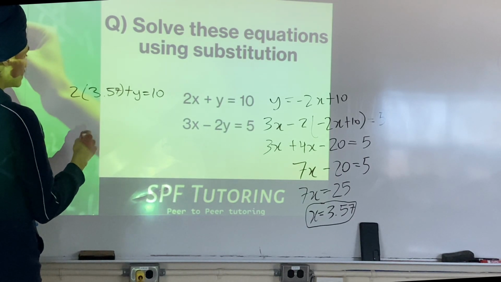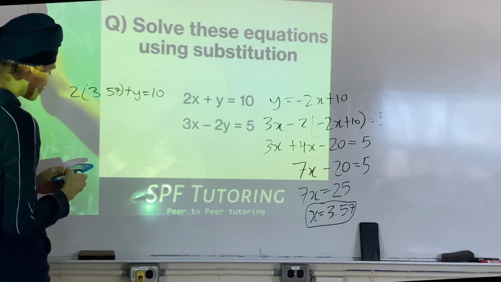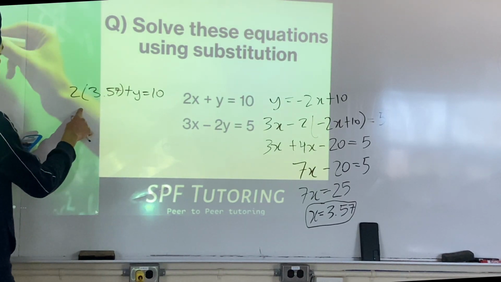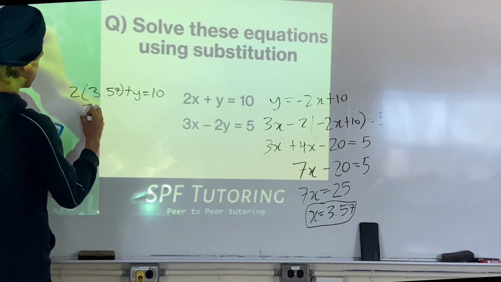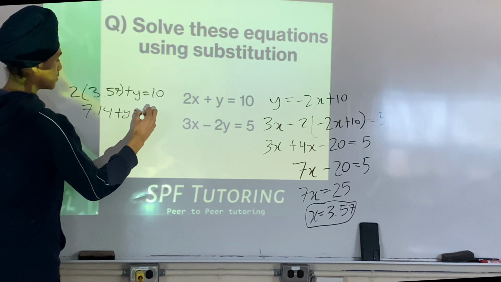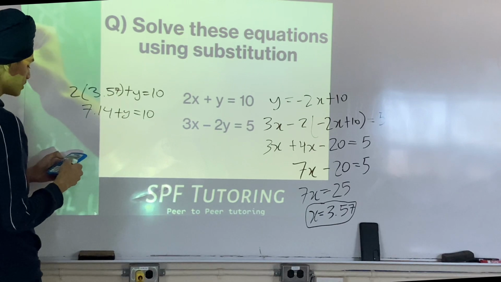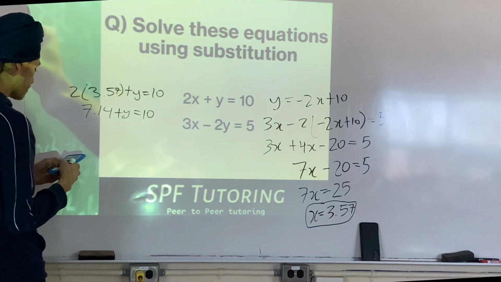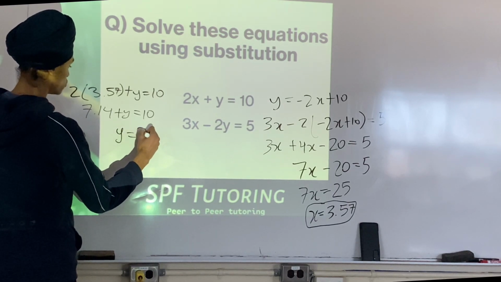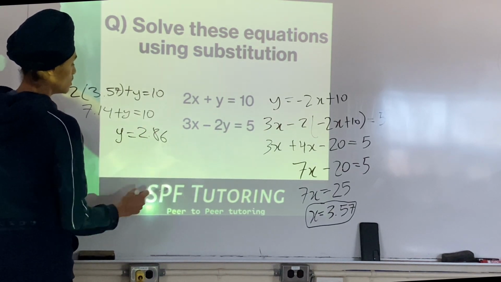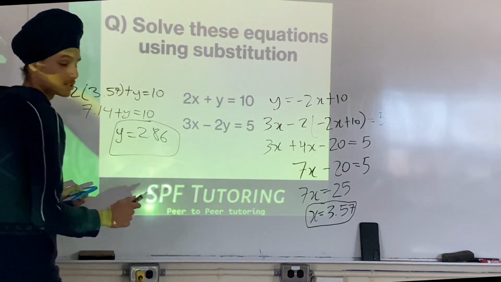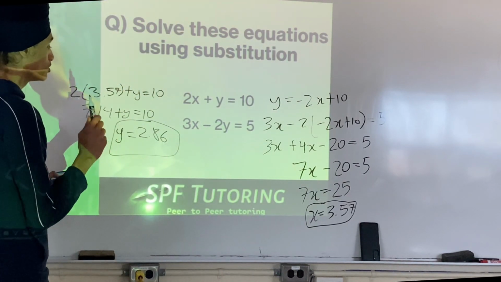So in this case, it's 3.57 times 2, and that'll be 7.13, plus y equals 10. Now it'll be 10 minus 7.14, which is 2.86. So y equals 2.86. Now since we've got the y and the x here, that's our point of intersection of these two lines.